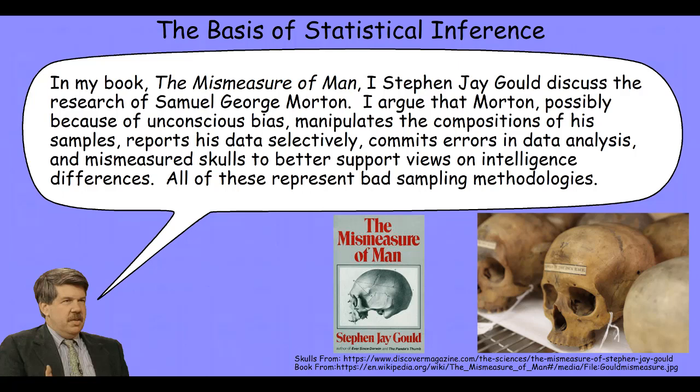How does he measure cranial capacity then? Well, what he does is he takes those skulls and he pours in mustard seeds, fills up the skulls, and then pours it into a graduated cylinder to determine the volume. Now, what Gould alleges, and Gould's discussion is to some degree controversial, though it seems to have held up fairly well over time, is that you can't reproduce Morton's numbers unless you engage in a different process in measuring the different skulls.